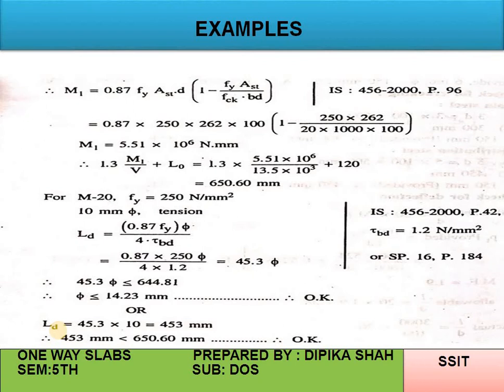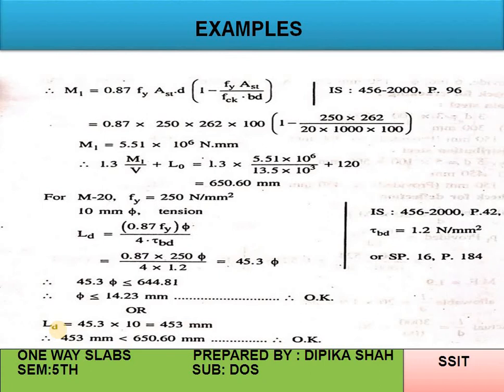अब ये जो M1 है वो हम लोग आगे जो इक्वेशन देखा था 1.3 M1 अपन V प्लस L0 वाला वो इक्वेशन के अंदर वैल्यू पुट कर देंगे. इक्वेशन के अंदर वैल्यू पुट कर की हम लोगों ने, सो हमें कितना मिला 650.60 mm. अब हम लोग देखेंगे Ld की वैल्यू फाइंड आउट करेंगे. सो Ld का इक्वेशन है 0.87 FY इंटू 5 अपॉन 4 टाउ BD. हम लोग डायरेक्टली भी Ld फाइंड आउट कर सकते हैं कौन किससे SP16 से, बट SP16 इज नॉट अलाउड इन योर एग्जामिनेशन.